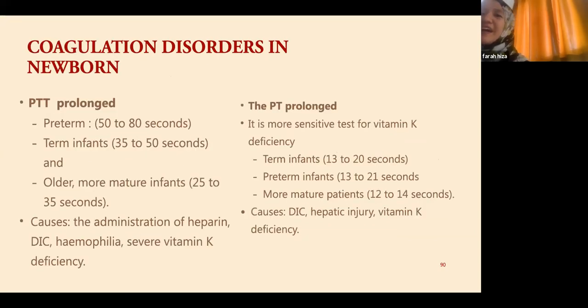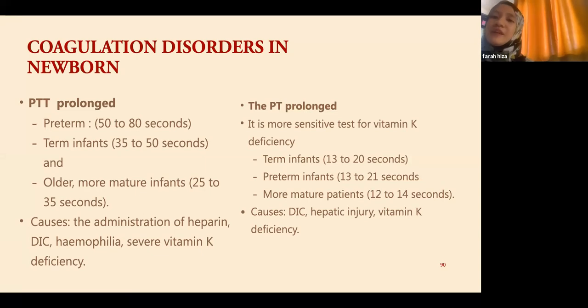So this is what I said just now. What happens in a newborn? It is said that naturally newborns can sometimes present with vitamin K deficiency. That is why one of the two main investigations we do is the coagulation profile, which is APTT and also PT. However, it is different for preterm, term, and more mature infants.